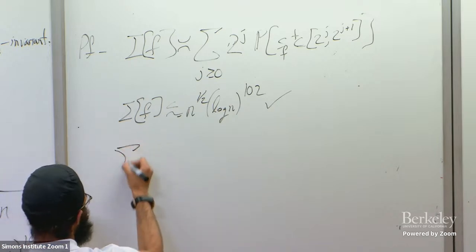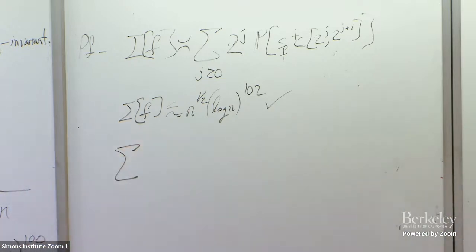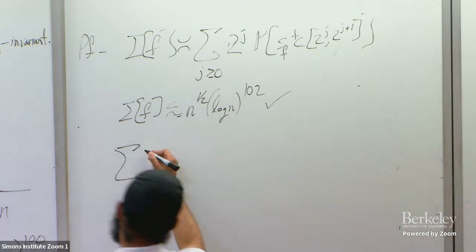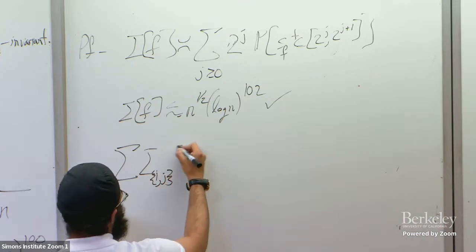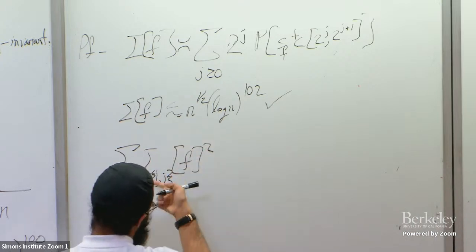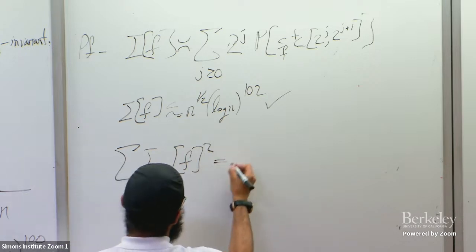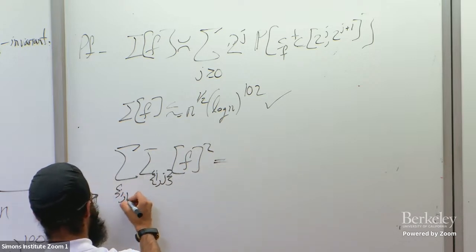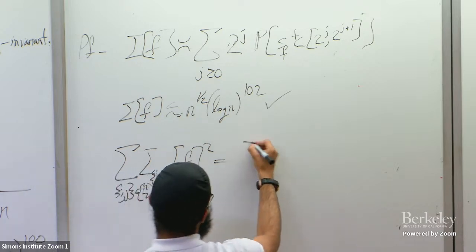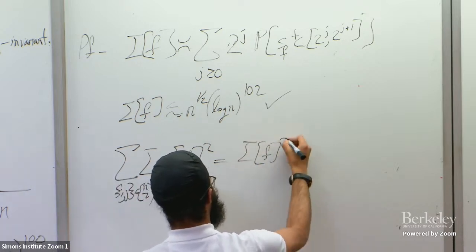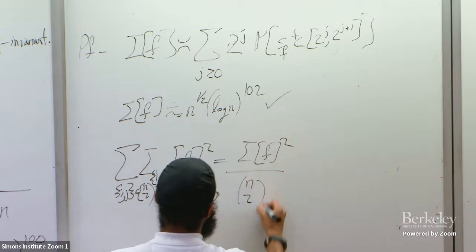So this gives you something. I need to use this inequality, so I'm going to now bound the sum of the influences squared. This is the one place symmetry comes in. Because we know it's symmetric, we know that all these influences are the same. This is just the total influence divided by n choose 2.